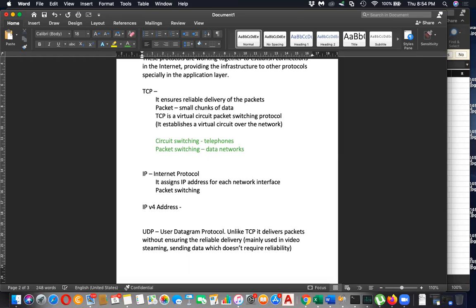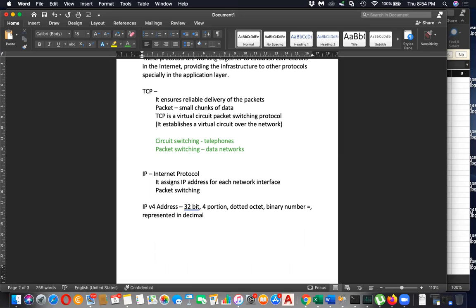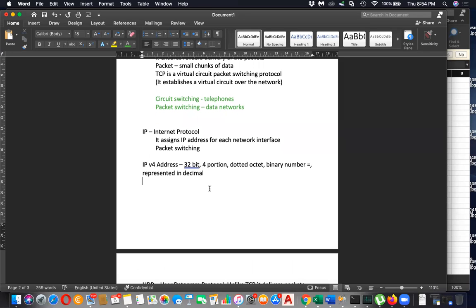I call that a 32-bit, 4-portion, dotted octet binary number represented in decimal. Maybe a bit technical, but this is the reality. It has 32 bits, 4 portions, dotted octet, and it is a binary number represented in decimal.